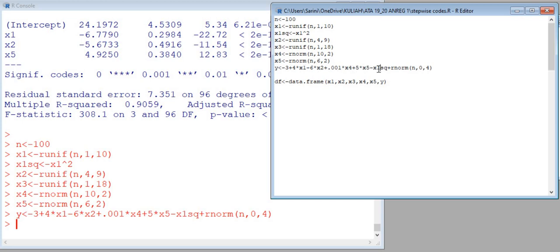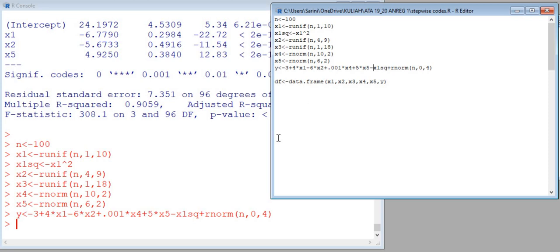And actually here I put x1 squared. And there's no x3 in here, so x3 and x4 should be excluded from the model later if your procedure is correct. And also here we have x1 squared, the coefficient is 1, quite big enough, so x1 squared should be included in the model.